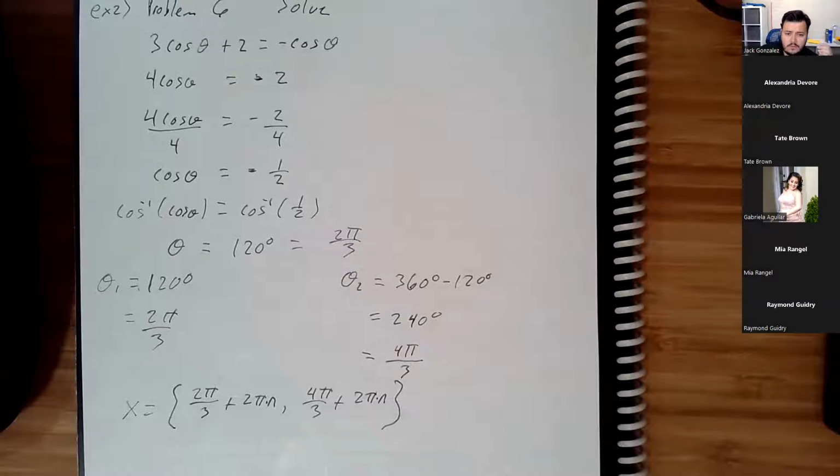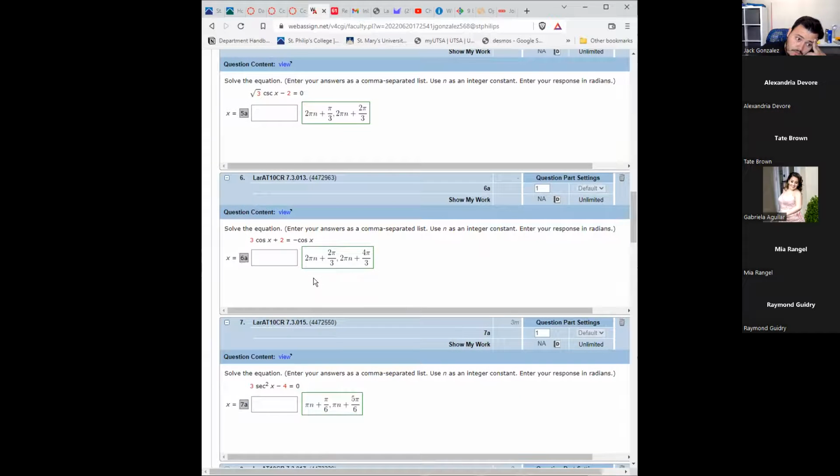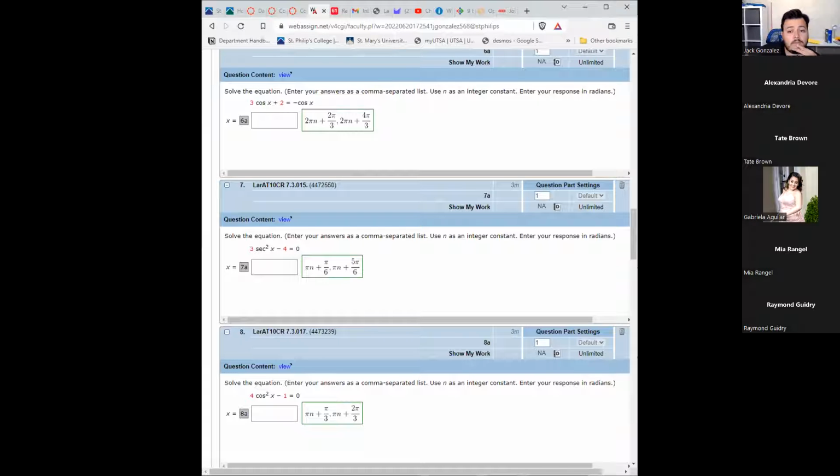Like on paper, you should write it that way. In the actual computer thing, they're writing it like this. Let me show you. You just type it in, comma, whatever. So just type in the box. They already have the x equals. You just type in the answer. I prefer putting this part first and then plus 2 pi n. It doesn't matter though. It should accept it. They put 2 pi n first. I just think it's weird. It doesn't matter though. Any other questions about example 2?